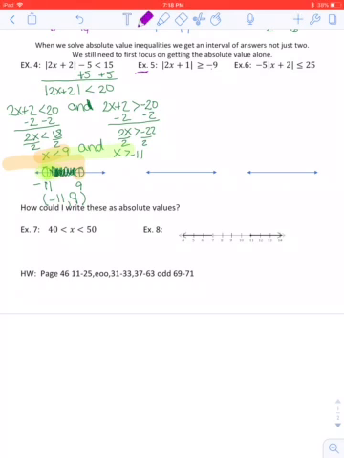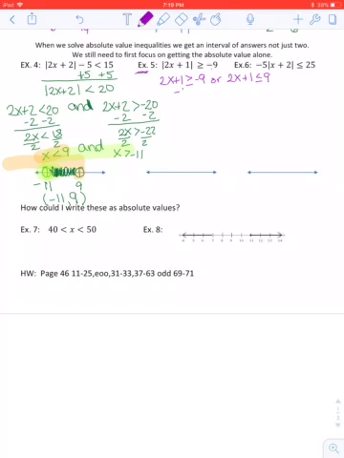We would set up our two cases, but when we say greater than, we're talking about getting further away from the center. So we have 2x plus 1 is greater than or equal to negative 9, or 2x plus 1 is less than or equal to 9.